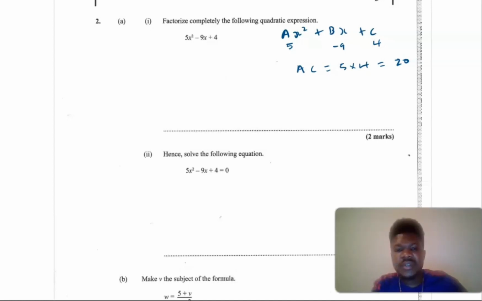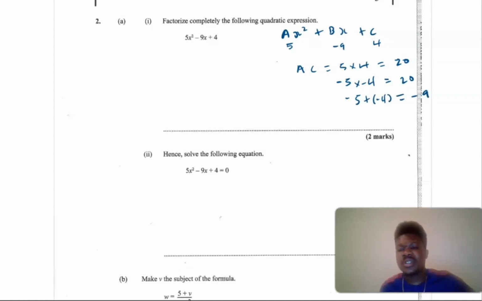And 5 times 4 is 20, so not a factor. 2 times 10, 4 times... Oh, yes. All we have to do here is make both of these negative. Since -5 times -4 is going to give us +20. And when we add -5 plus -4, we're going to get -9.